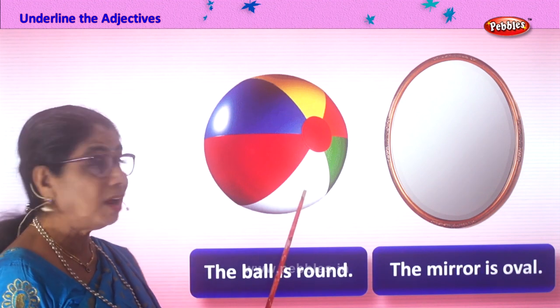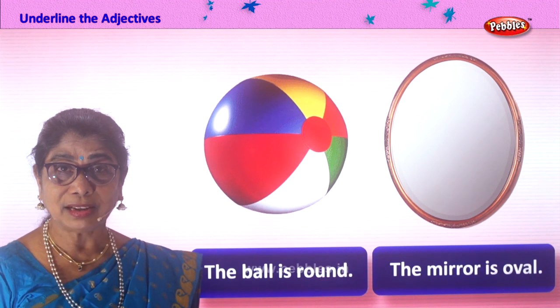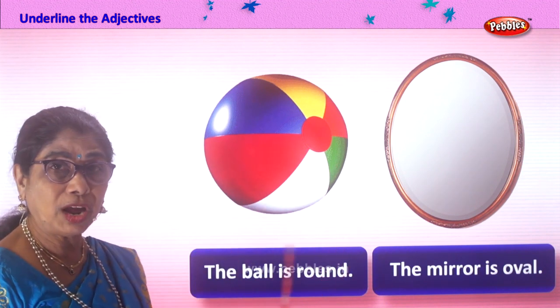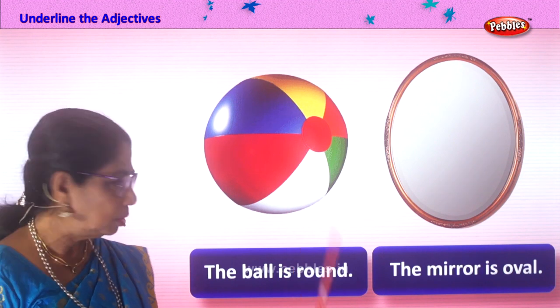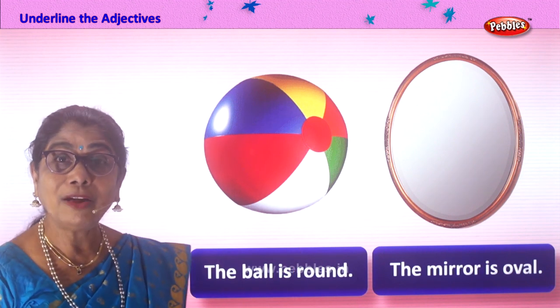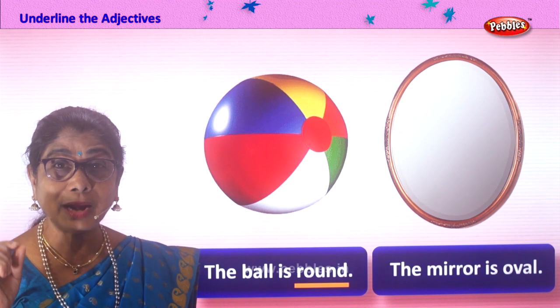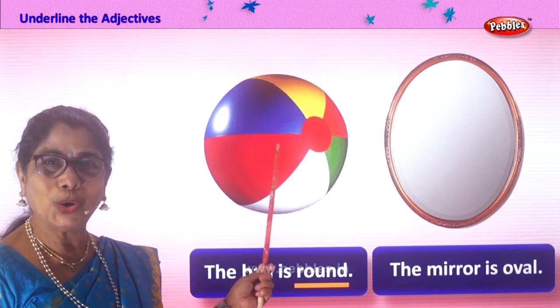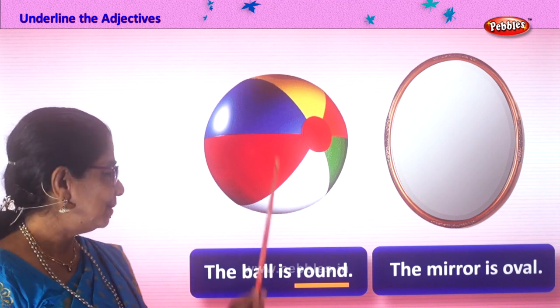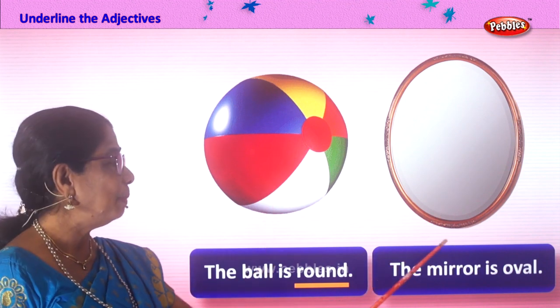It's full of air inside. Perfect circle. Round. What describes the ball? The ball is round. So we underline round. The word round describes the ball. Round ball. Good.